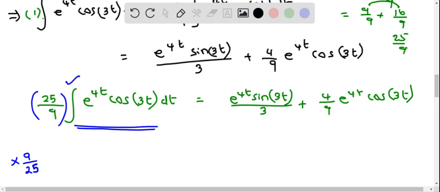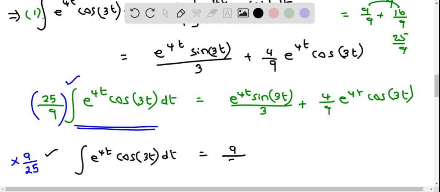So when I do that, I will get the left side expression as just the integral of e raised to the power of 4t cos of 3t dt, and on the right side I have to multiply 9 by 25 to both terms.